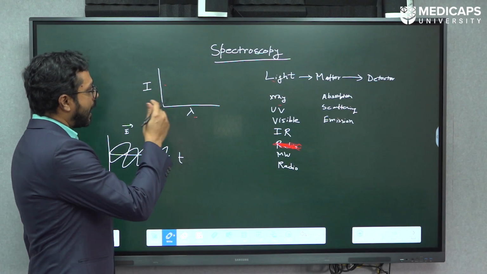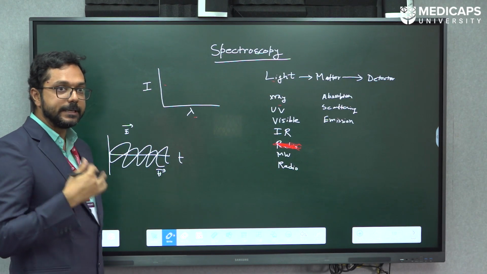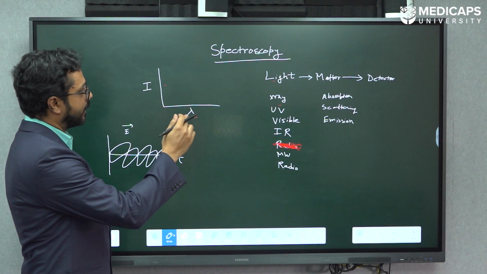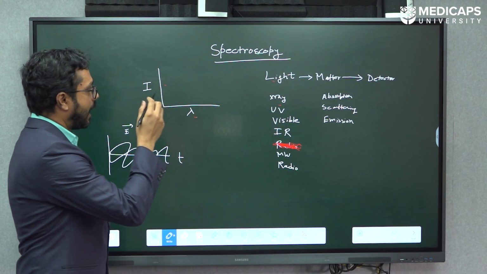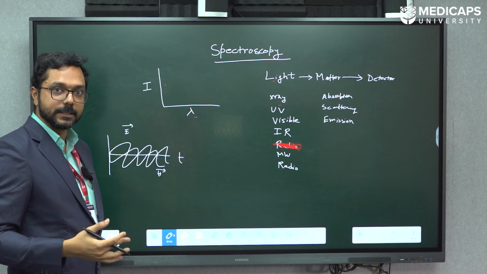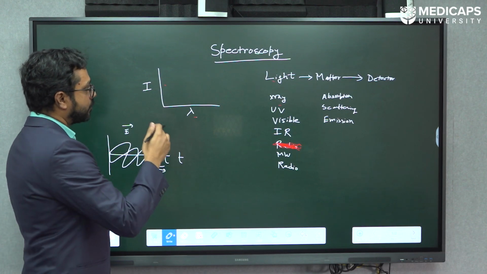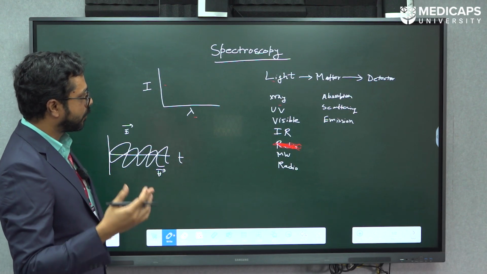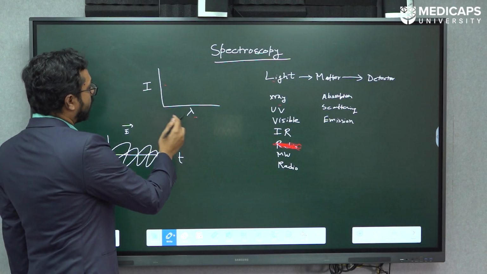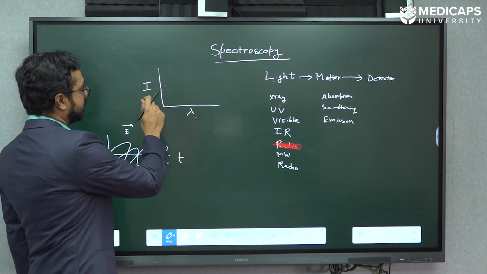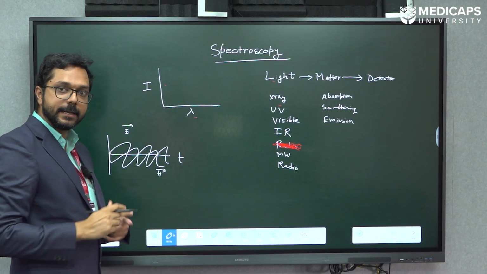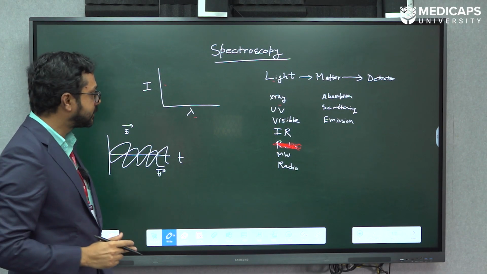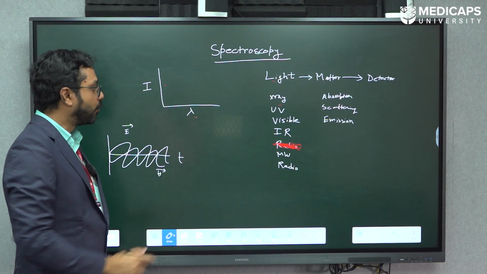Now, after the interaction, when you detect in the detector, after the detection you actually process it through the computer. Then you plot a parameter, say intensity, it might be a scattering intensity or an absorbance as a function of wavelength.